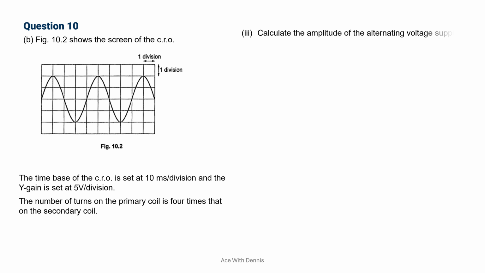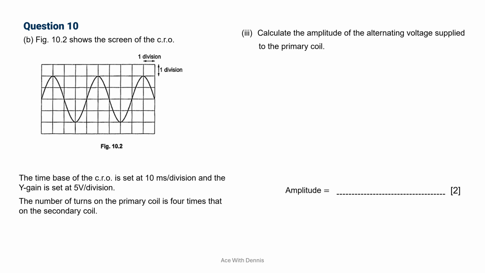Part 3. Calculate the amplitude of the alternating voltage supplied to the primary coil. 2 marks. Okay, so for this question you have to be careful because figure 10.2 shows the voltage output Vs only. So we need to find the alternating voltage of the primary coil.